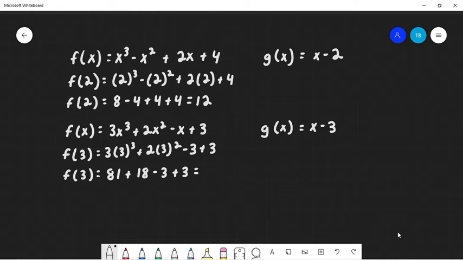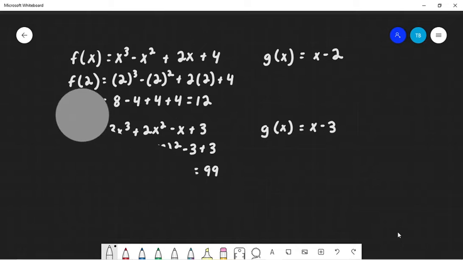Right? 81 plus 18 is 99, minus 3 is 96. Add the 3 back on, we're at 99 again. So if we divide f of x by g of x, then our remainder would be 99. Alrighty, and that is the remainder theorem. So let's erase all that.